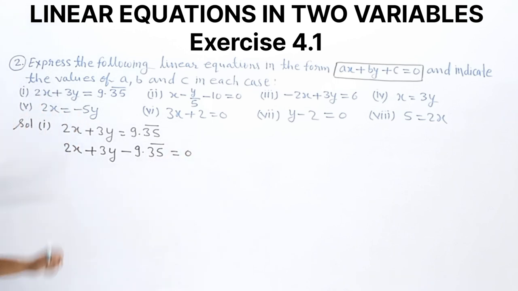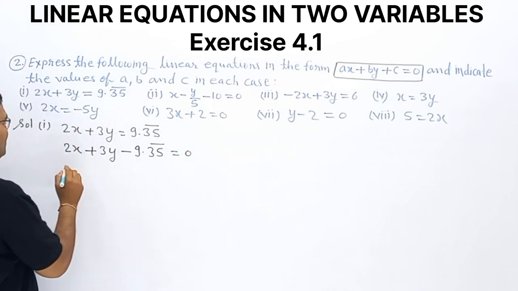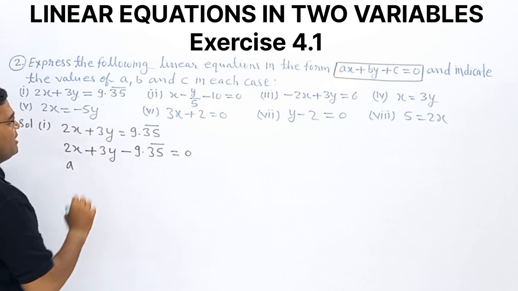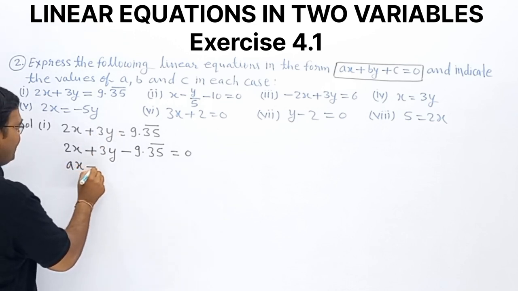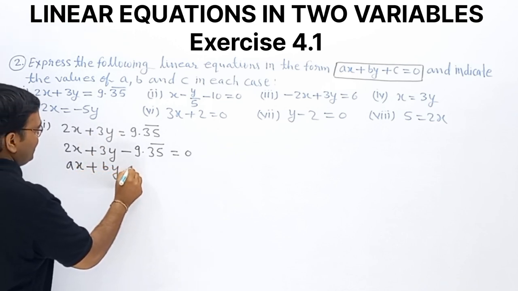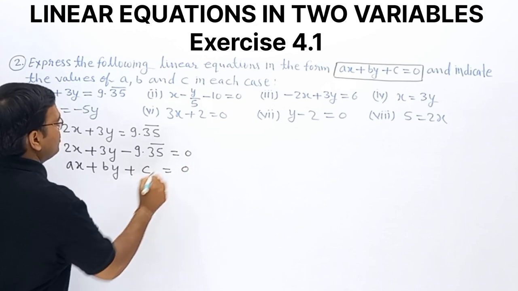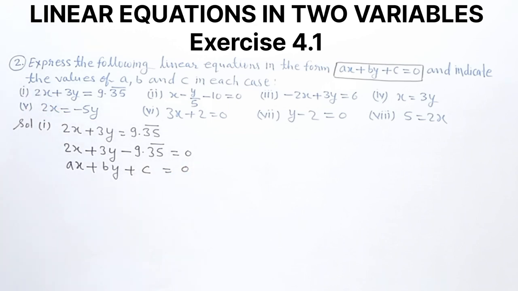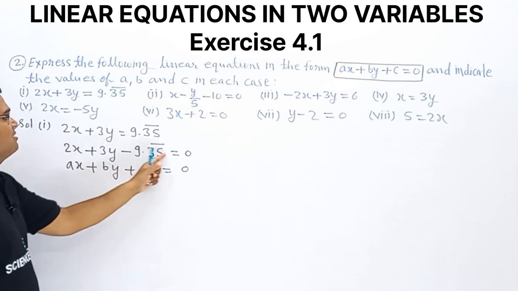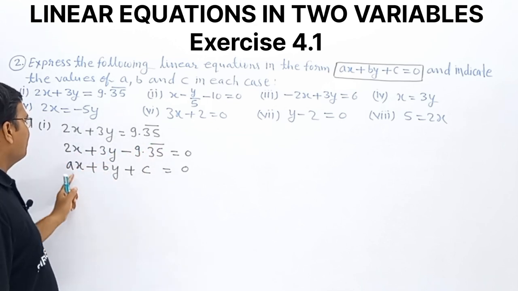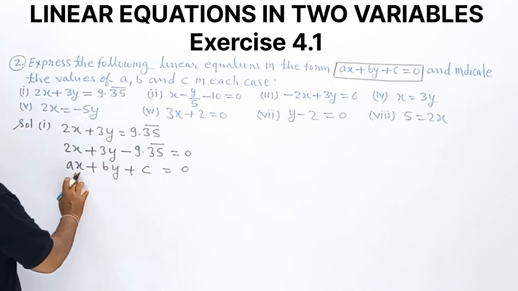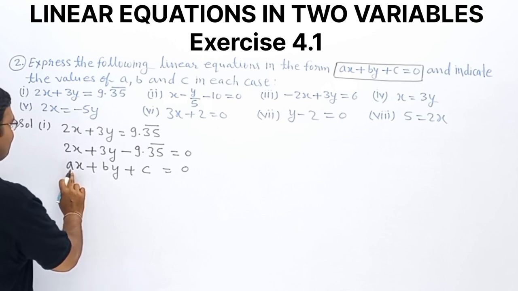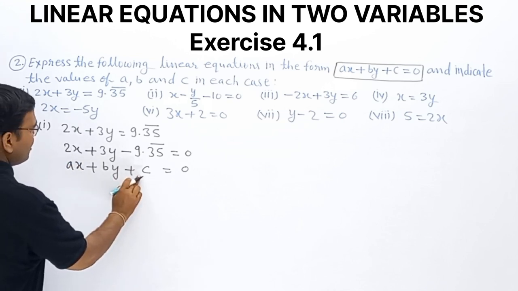Now we will compare this with the general form of a linear equation in two variables, ax plus by plus c equal to 0. So the value of a is 2.